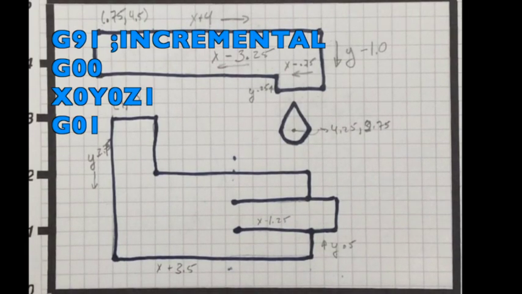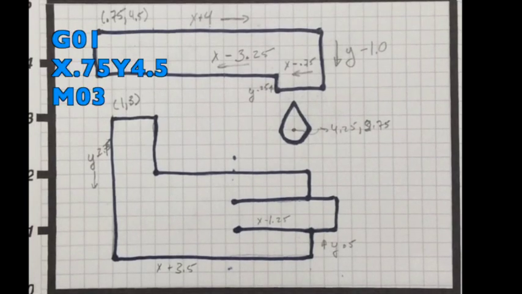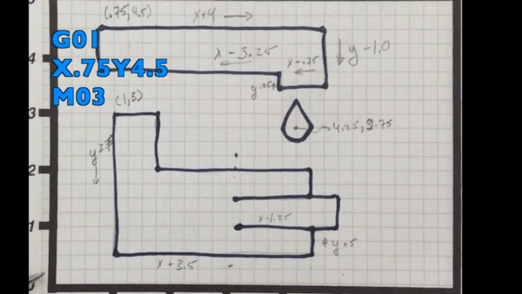So we would do the G91 saying it's incremental. We would say G00, which is rapid motion. And then we would say X0, Y0, Z1, which lifts it into its starting position. And then we would say G01, which is normal motion. And then to get to this point up here, all we would need to do is tell it the change in x and y.